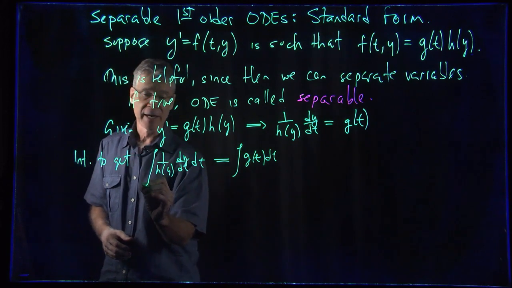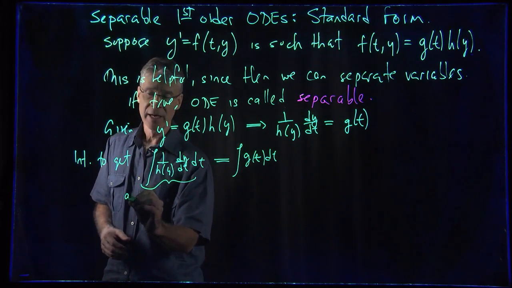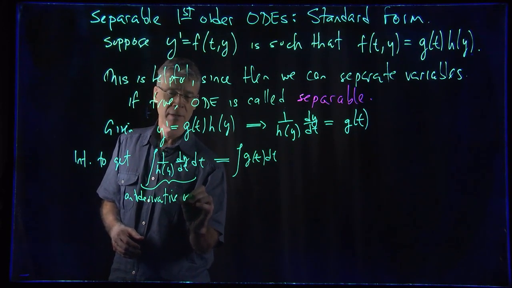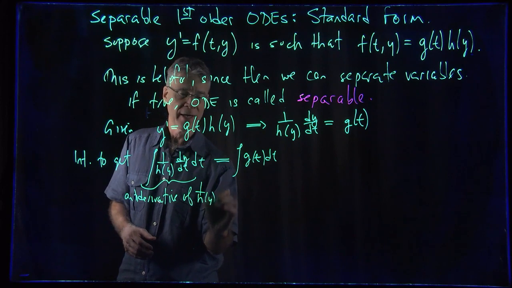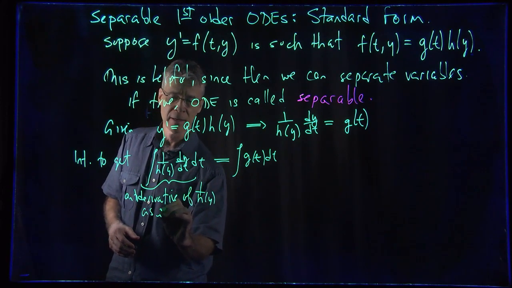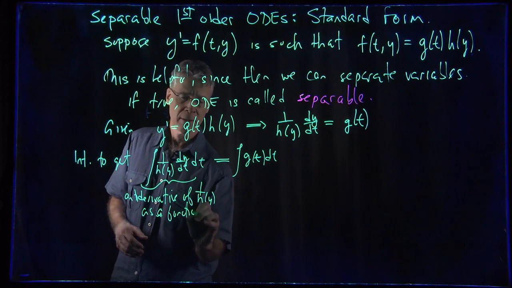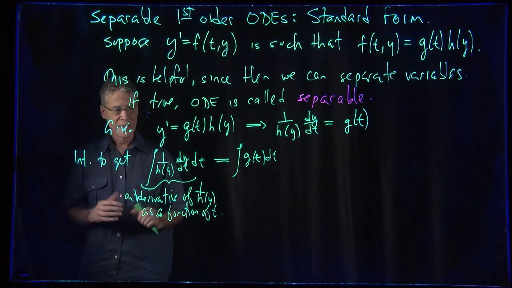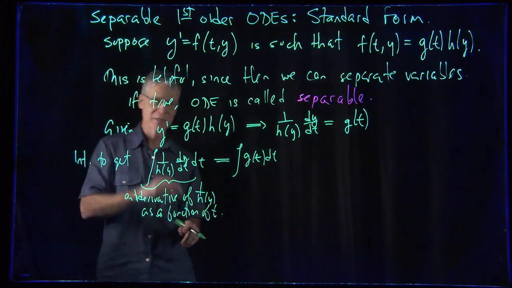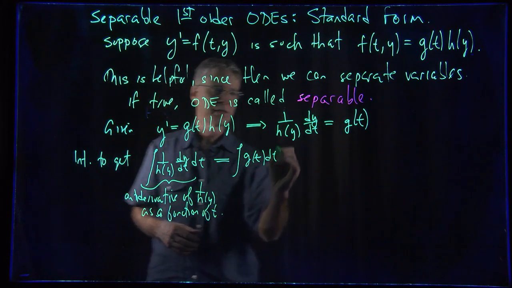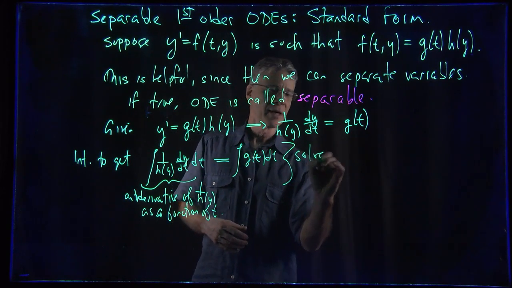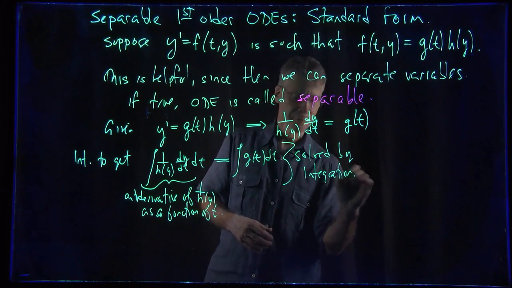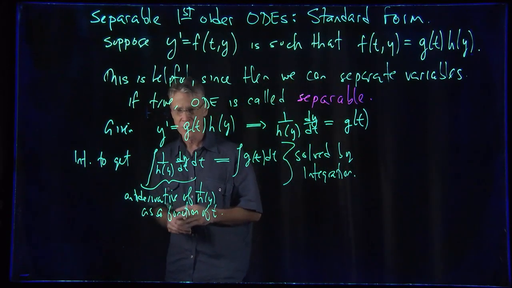What's interesting about this guy on this side is that this guy is the antiderivative of 1 over h of y as a function of time. Okay? That's not so easy to see. That looks actually very complicated, but it's actually not. And the entire differential equation can be solved by integration. Okay? And that's going to be useful for us.